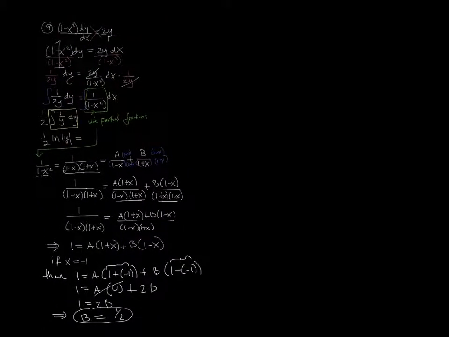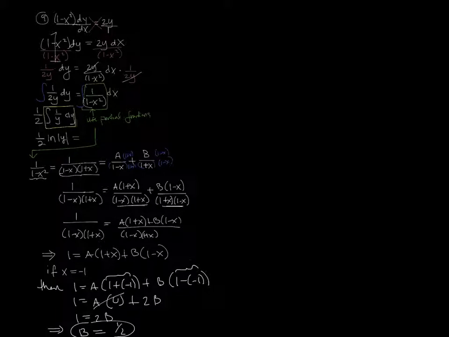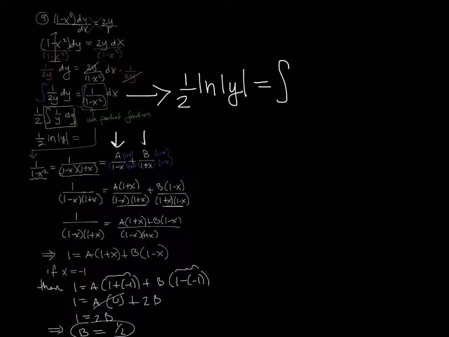So from here, I have 1/2 ln of y, that's the same thing as the absolute value of y, equals the integral of, and I want to write these two pieces, because that's originally what I wanted.